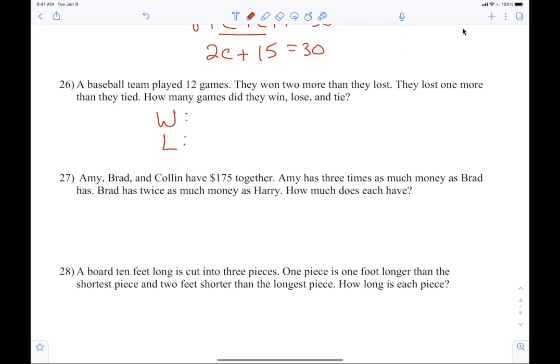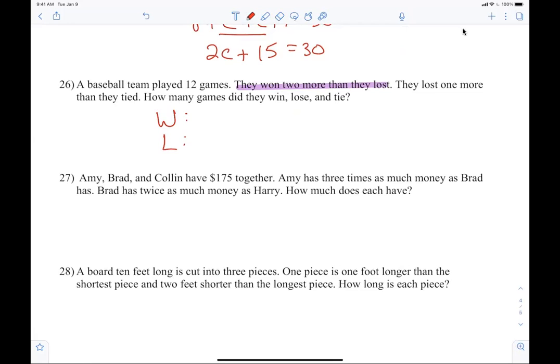Now write me the description. How do I fit this into my equation? The W would be X, and then the L would be X plus 2. So they lost more than they won?